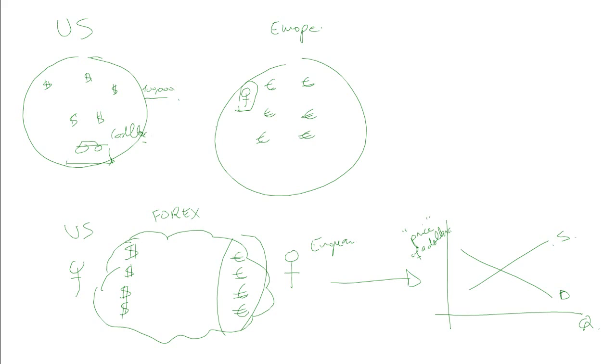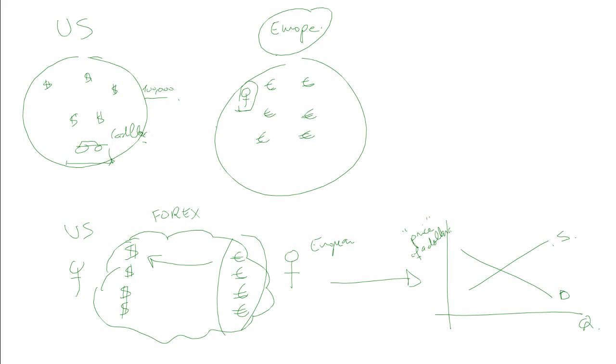The more people in Europe wanting American goods, meaning the more Europeans looking for dollars, the more the price of a dollar will go up. And conversely, the more Americans want to buy French wine, the more the value of a euro goes up.